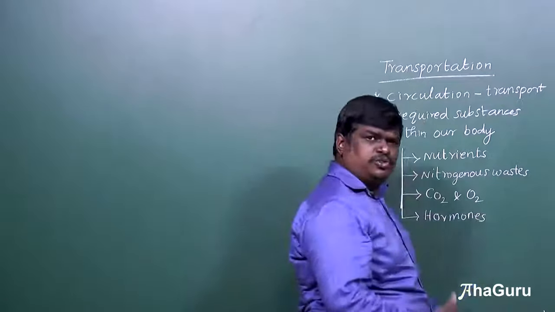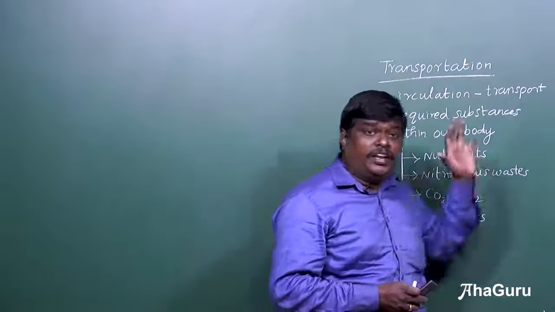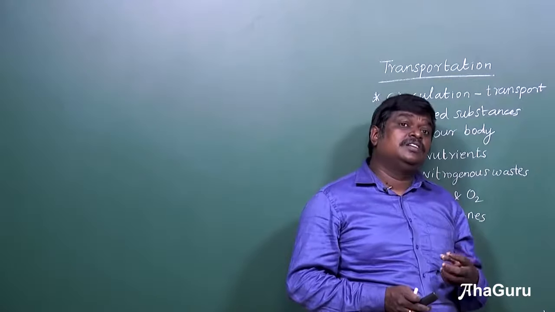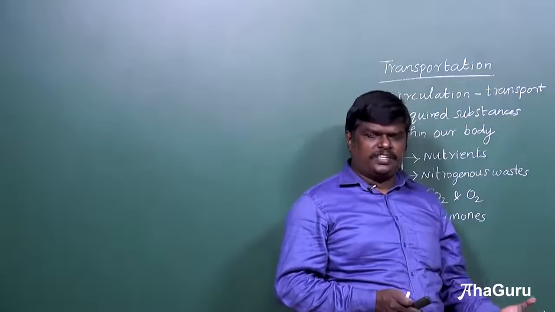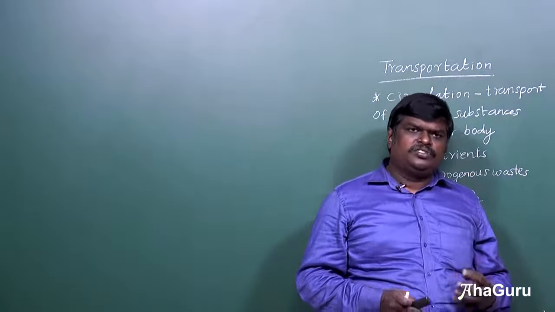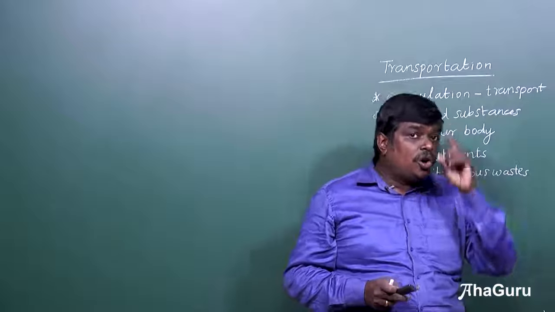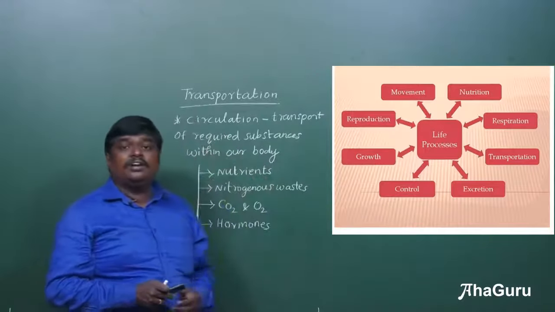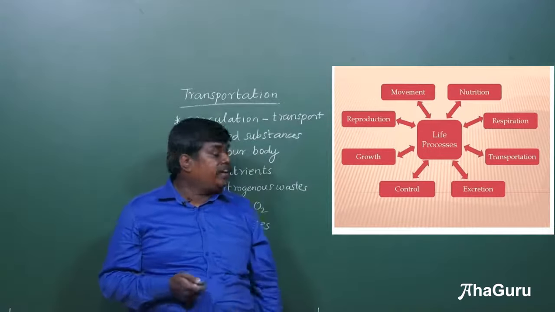So many substances are transported within our body. Similarly, in plants, water molecules, nutrients and minerals are transported. So we have a transporting system both in plants and animals. All those things are very important life processes. Without that, the organism will not sustain.